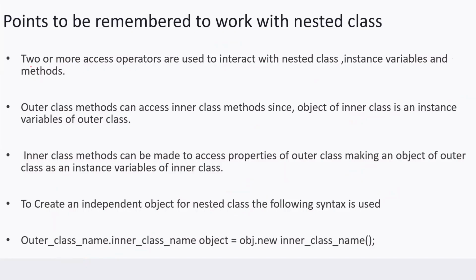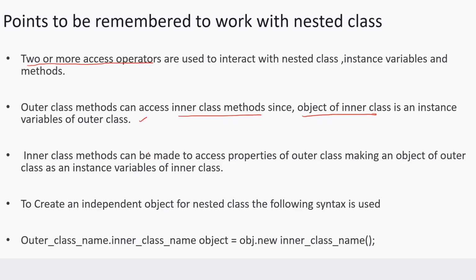Now there are some points to be remembered to work with these nested classes. As we have discussed, two or more access operators are used. Then outer class methods can access inner class methods since the object of the inner class can be an instance variable of the outer class. The object which you are creating for the inner class is considered an instance variable of that outer class.